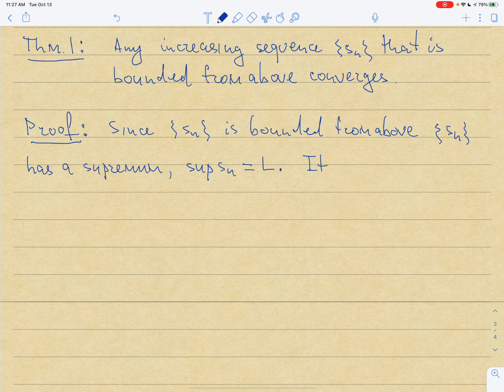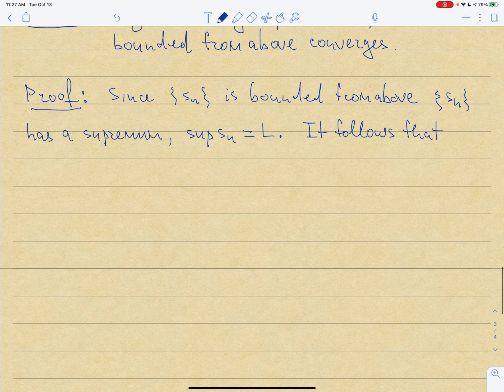Number one, it follows that Sn would be less or equal than L for all n greater or equal than 1, right? Because L is a supremum.